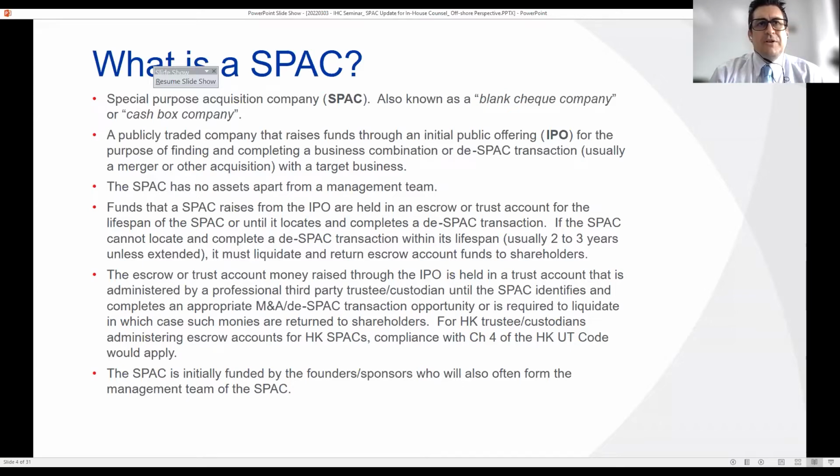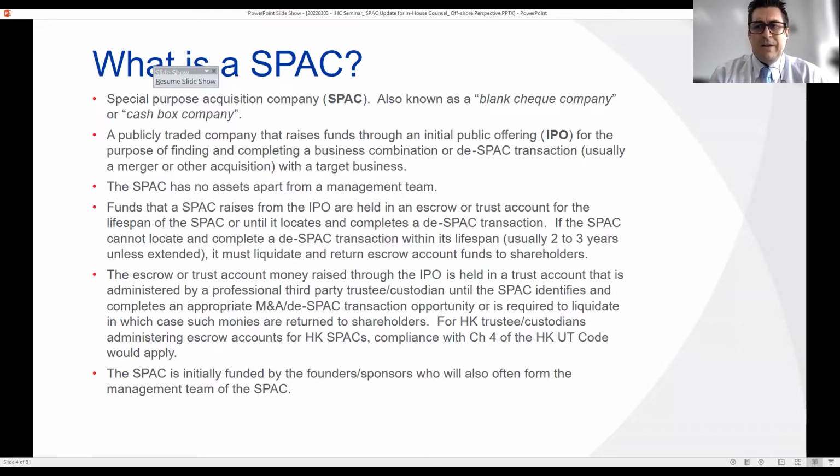The sponsor is responsible for establishing and running the SPAC, and will support the SPAC until it completes its IPO, and then continue to support it until the SPAC is able to locate a suitable target business within which to complete a de-SPAC transaction.